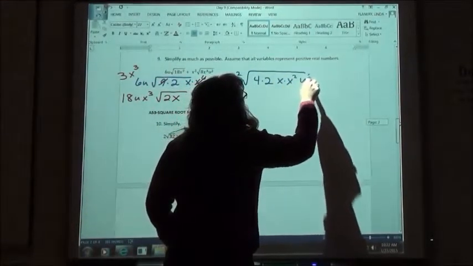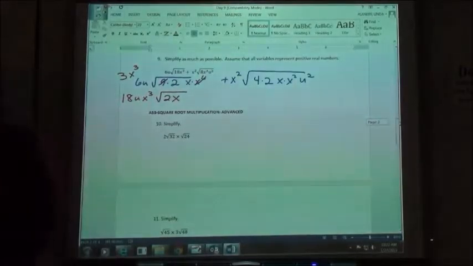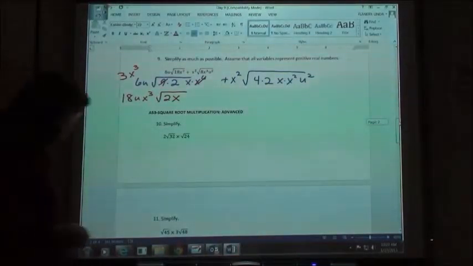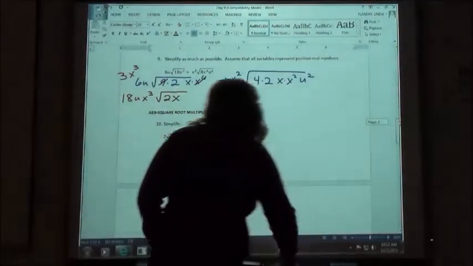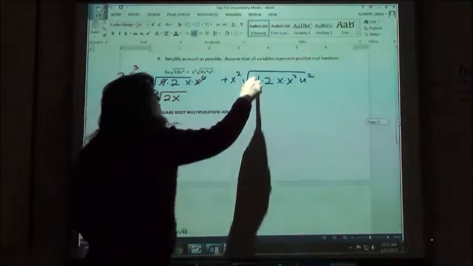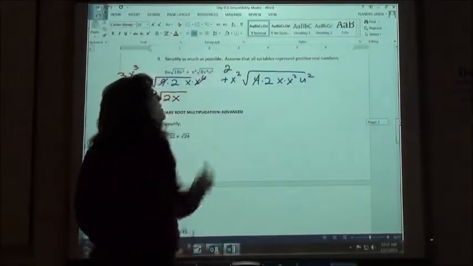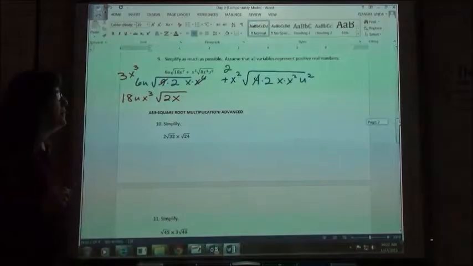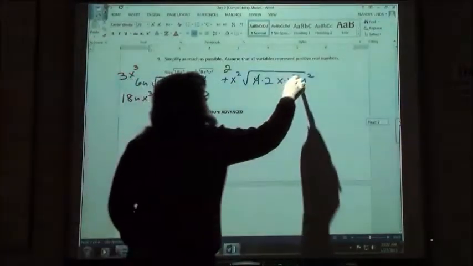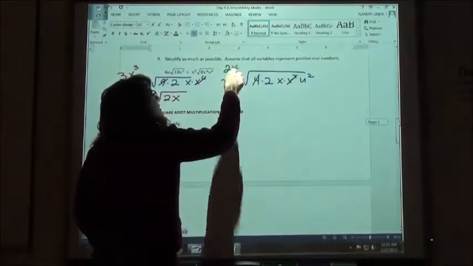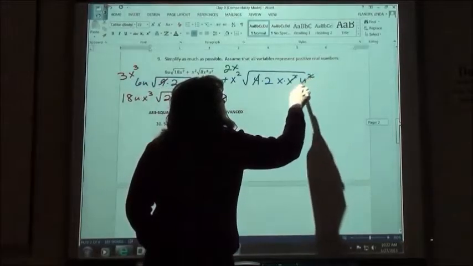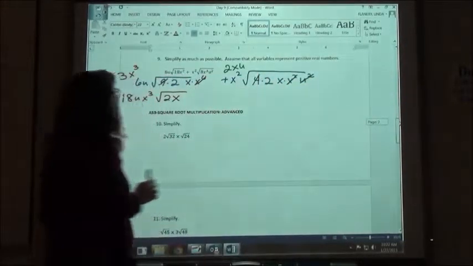And leave the u squared because it has an even exponent. So taking out our perfect squares, square root of 4 is 2, square root of x squared is an x, and the square root of u squared is u.